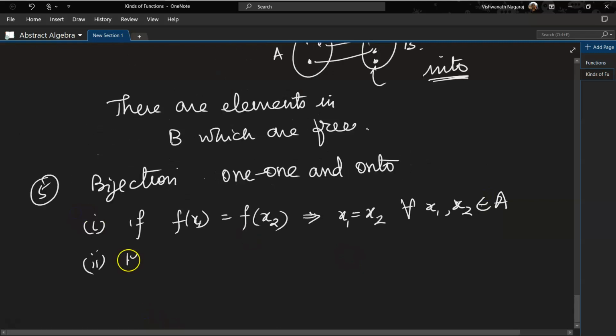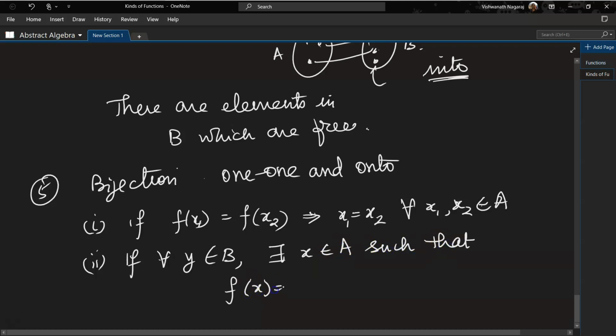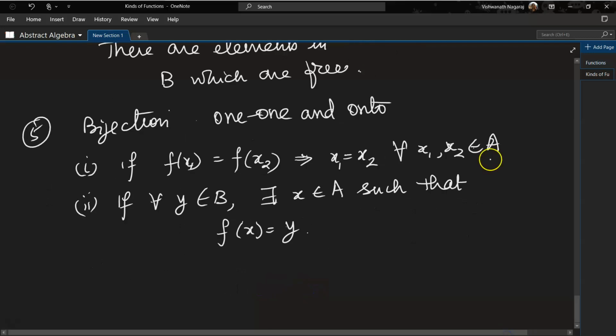Second is, if for all y belonging to B, there exists x belonging to A such that f of x equal to y. So the first condition is to prove 1 to 1. The second condition is for onto.